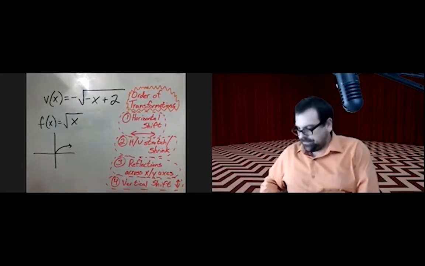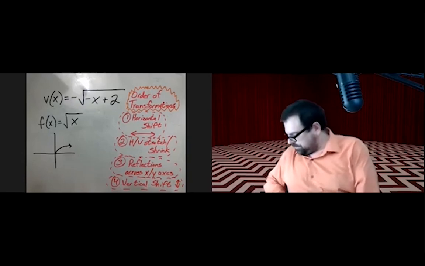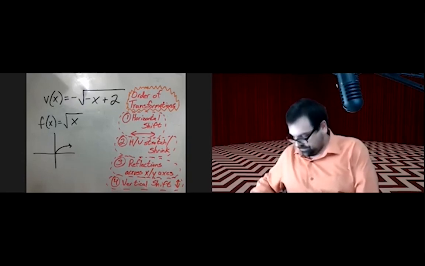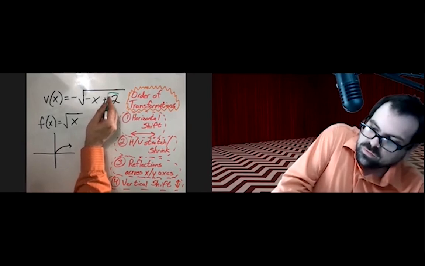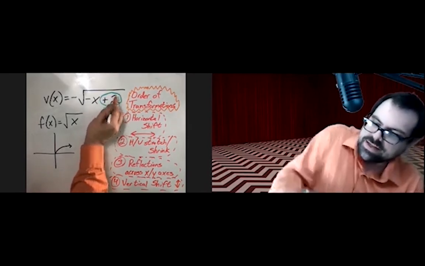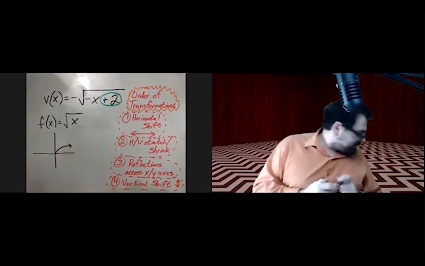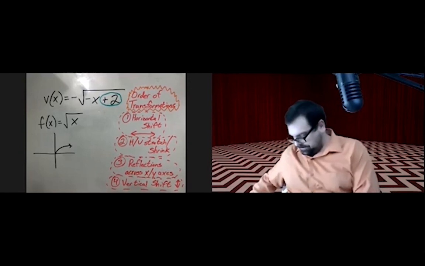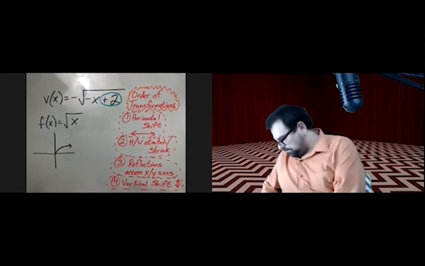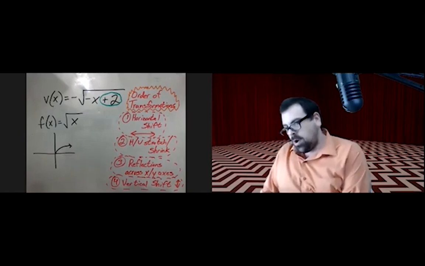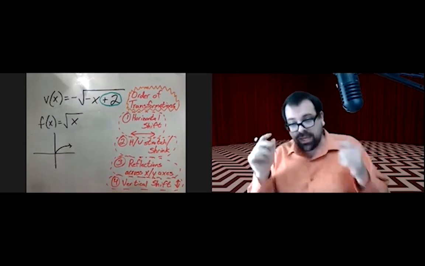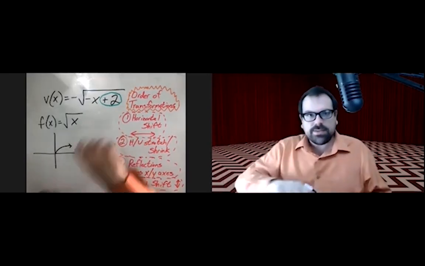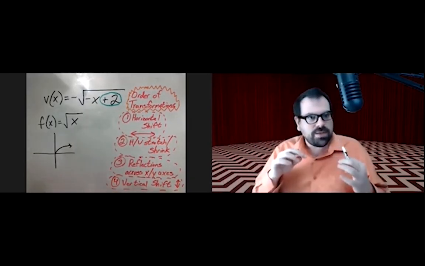And here, that's whatever we're adding or subtracting to the x. Plus 2 with the x, remember, is the opposite of what you'd think it is. Plus on a number line with the x would normally mean right.